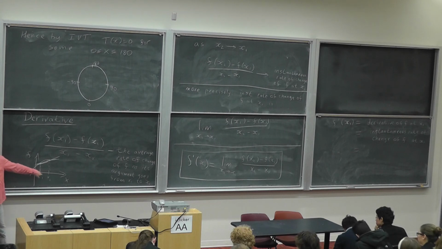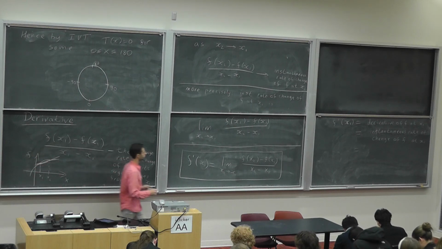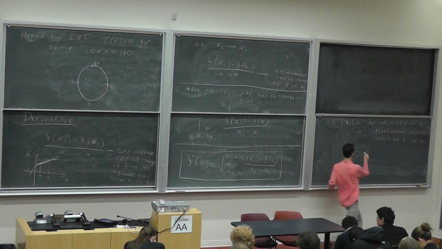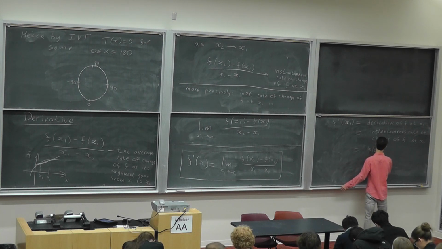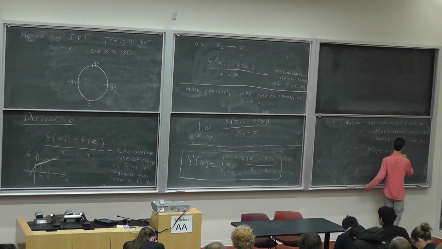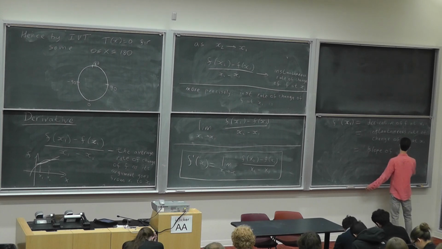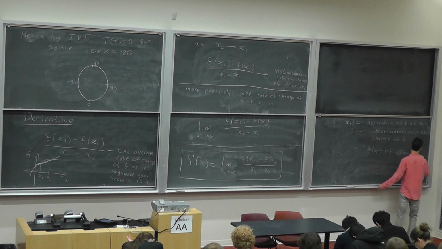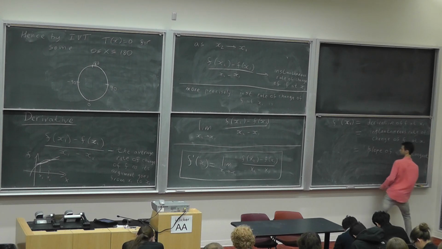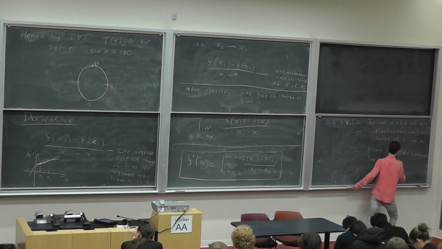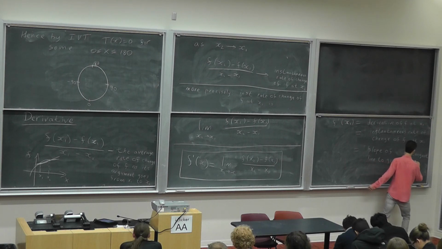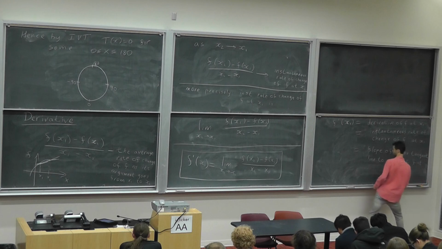As x2 approaches the point x1, secant lines become closer and closer to the tangent line at x1. So this thing is also the slope of the tangent line to the graph of f at the point x equal to x1.